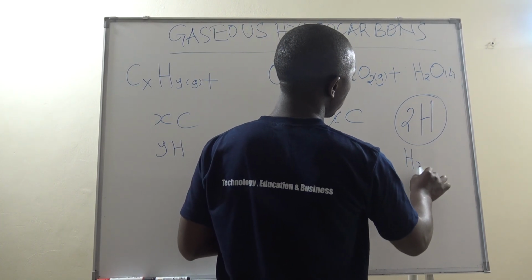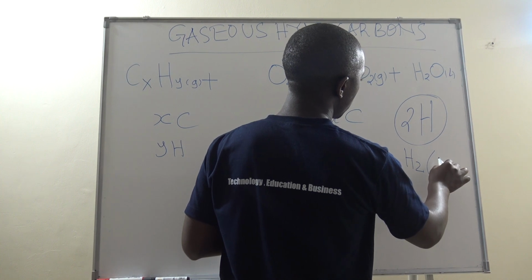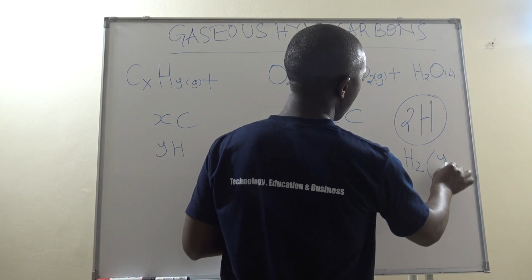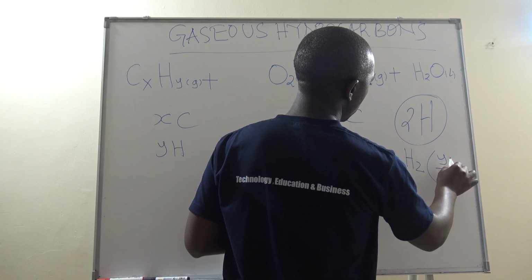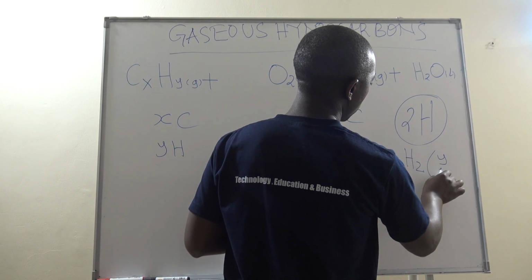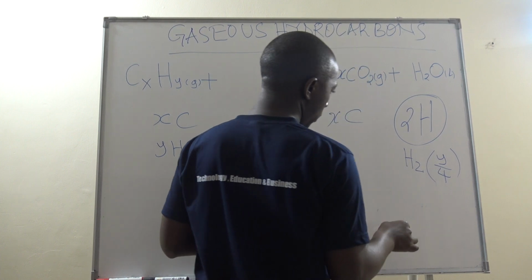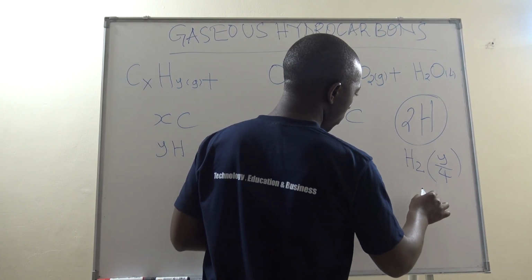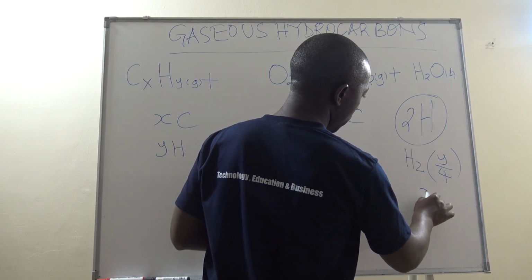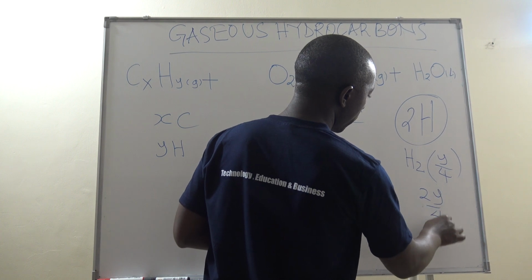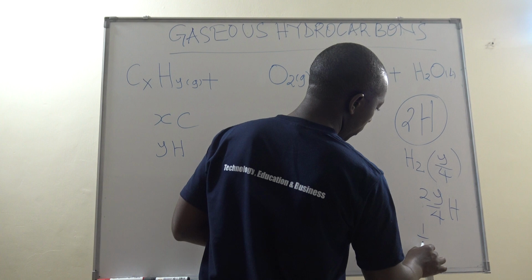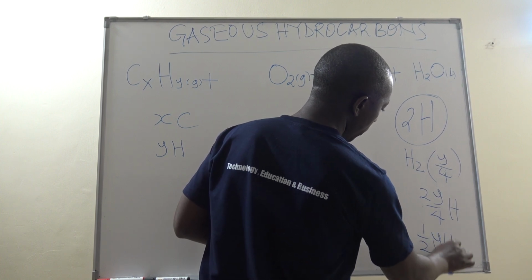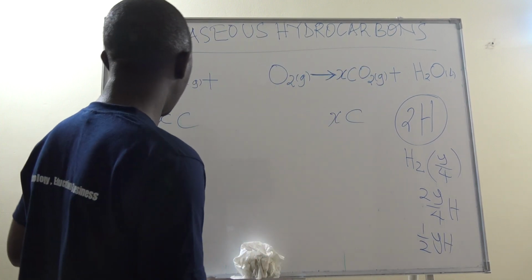This is 2 hydrogens, times Y over 4. So when we multiply by Y over 4, then we get 2Y over 4 hydrogen. So that takes us to half Y hydrogen. That's what we would be having.